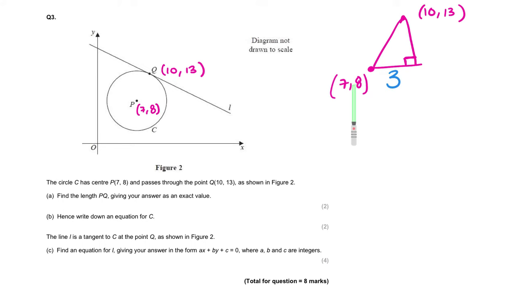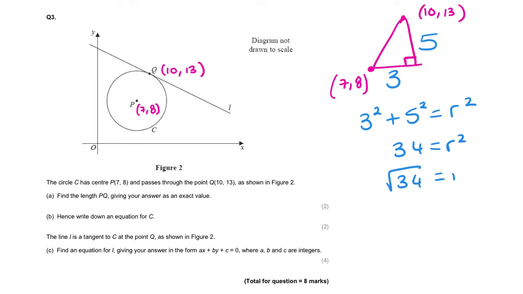And how have I gone from 8 to 13? 8 all the way up to 13 is 5. So now to find the length, I can use Pythagoras. 3 squared plus 5 squared equals my radius squared. 9 plus 25, is that 34? So 34 equals my radius squared. So my radius is the square root of 34.